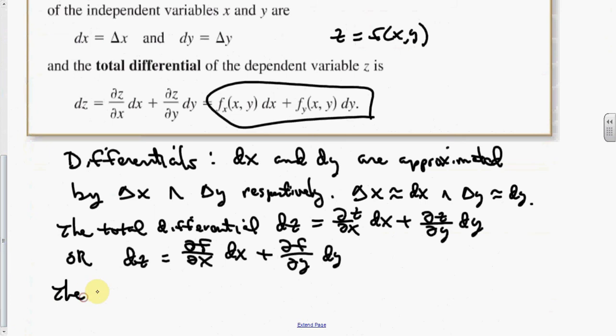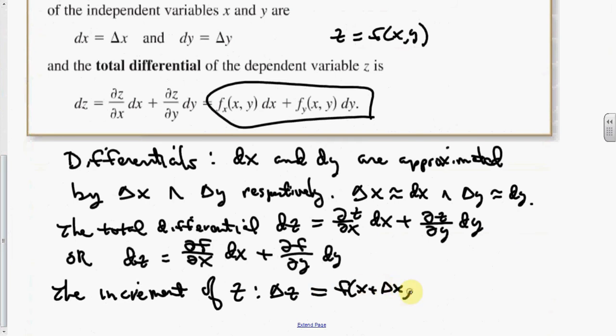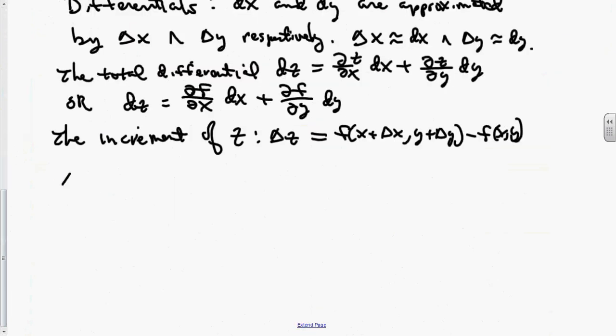So the increment of z, we call it delta z, is equal to f of x plus delta x comma y plus delta y minus f of x y. The increment of z wants to approximate that total differential dz.